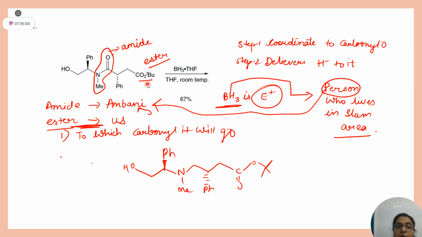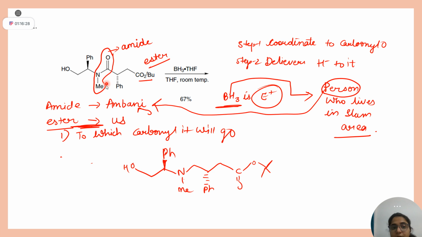What I have told you today in class is that in chemistry, positive wants to go to negative and negative wants to go to positive. Basically, opposites attract. BH3 is electron poor. So among these two oxygens, which carbonyl is more Lewis basic?